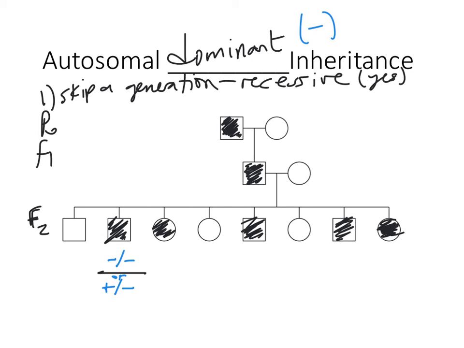Everybody okay with that? So we're proposing that we have a dominant mutation that causes the phenotype. That's why the symbol is filled in. This individual has this disease or trait that we're trying to study. So they're either homozygous for the mutation or they have 1 copy. Either way, they get the trait. And that's true for every individual. So for every filled in individual in this last generation, we can't tell whether or not they are homozygous or heterozygous.